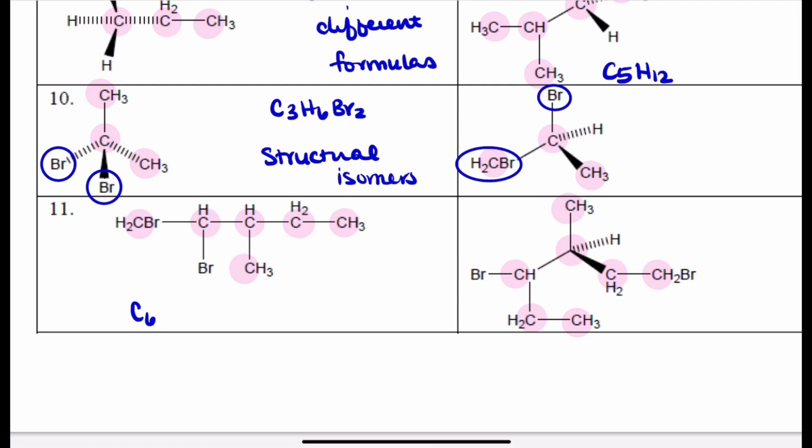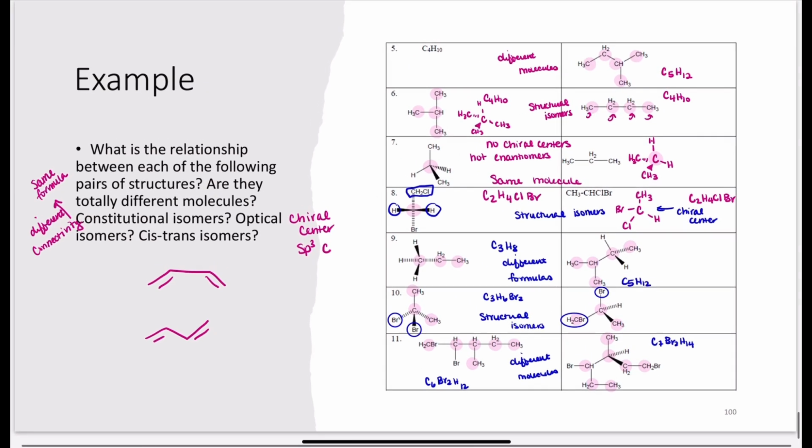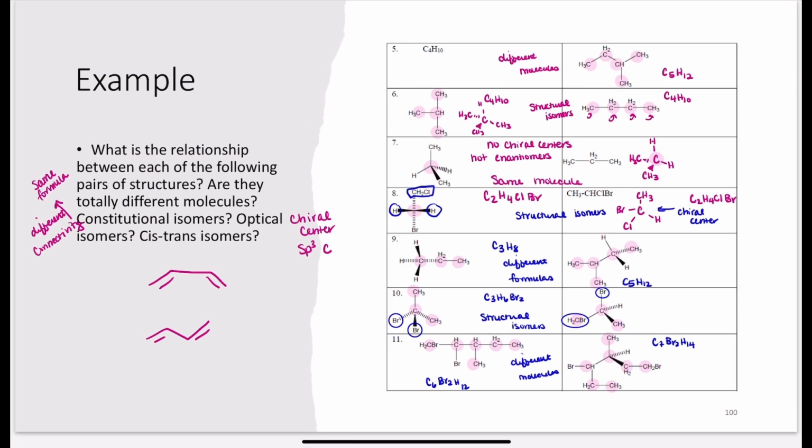Let's see, how many bromines do I have? 2 bromines and 12 hydrogens. Over here, C7. Still have 2 bromines, but I have 14 hydrogens. They are different. Different molecules entirely. Okay? Good luck.